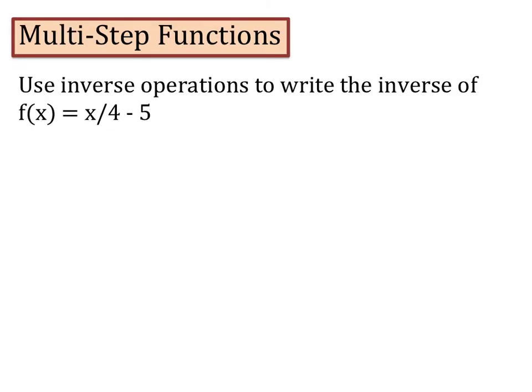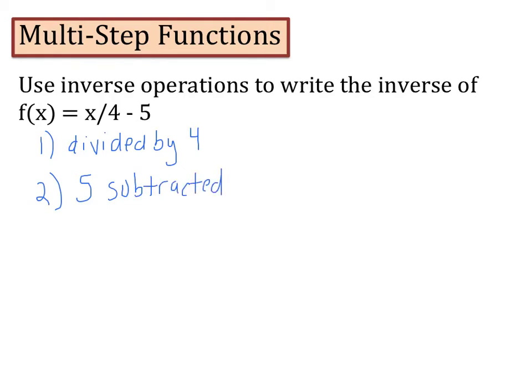Sometimes we have to do multiple steps to a function in order to get the inverse. So the best way to do this is to break down what's happening to the variable. So the first thing that's happened to this variable is that it's getting divided by 4. The second thing that happens to it, 5 is subtracted from it. So for the inverse, we have to basically flip these and do the opposite of them.